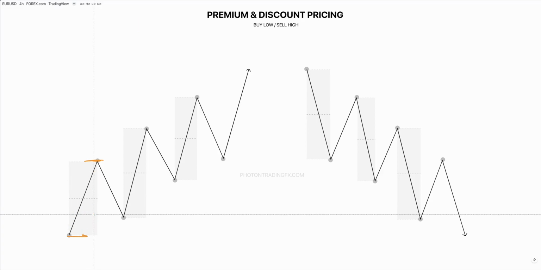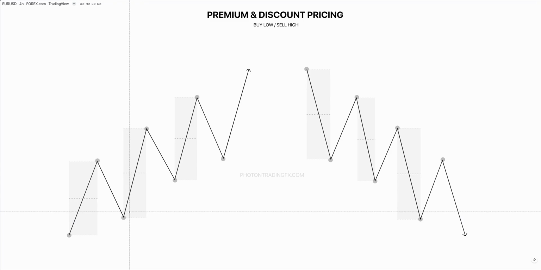So what typically happens in a bullish market is you get that leg up, and then as we start to pull back, you can draw on your premium and discount pricing, and price will typically pull back down to those discount prices. It will pull down to the cheap prices. This is where people are going to go, okay, now this currency pair or whatever instrument you're looking at is at a cheap value. It's at discounted prices. So it increases the probability that people are going to want to buy this up.